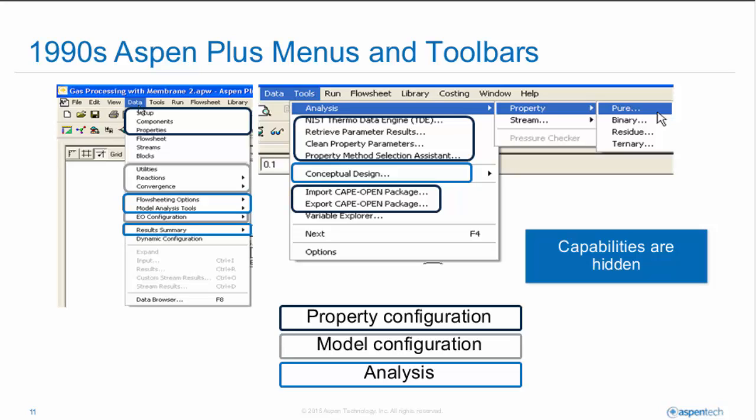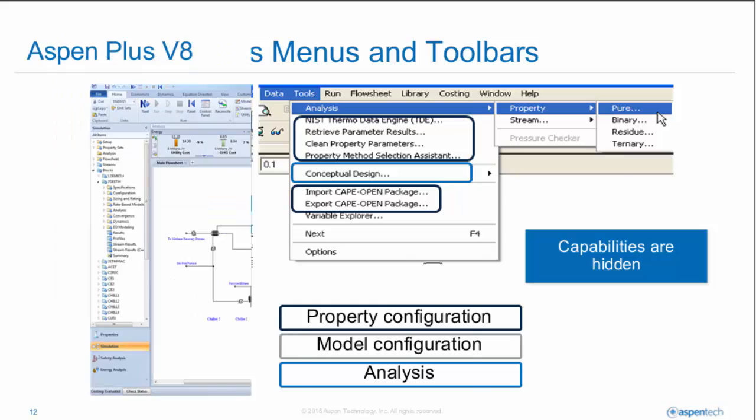So a lot of good capabilities were hidden under multiple levels of menus. For example, to make a binary analysis curve, you would have found that was buried 4 levels deep under a pull-down menu. As a result, there's lots of hidden capabilities that the average user never found or used.